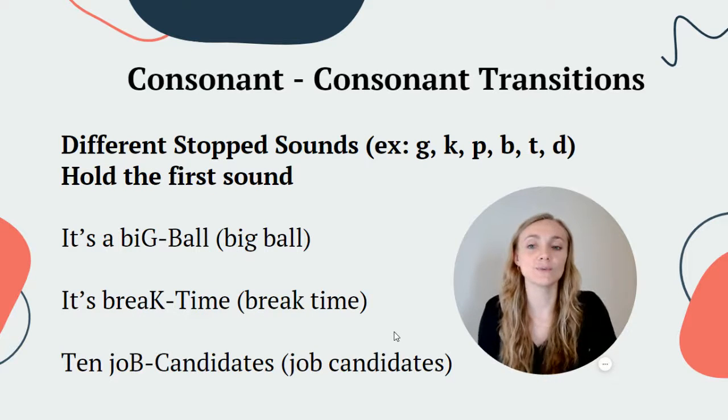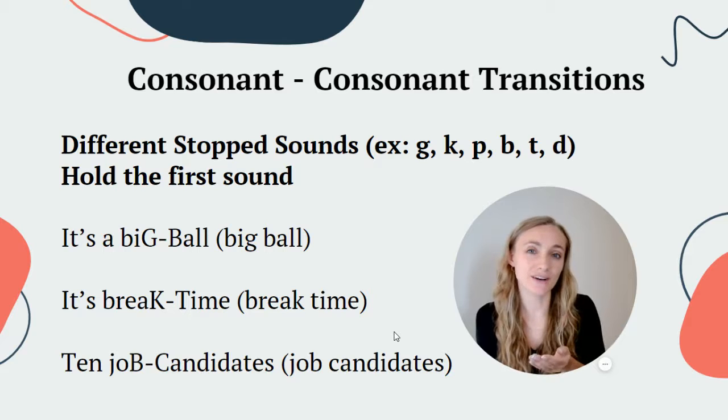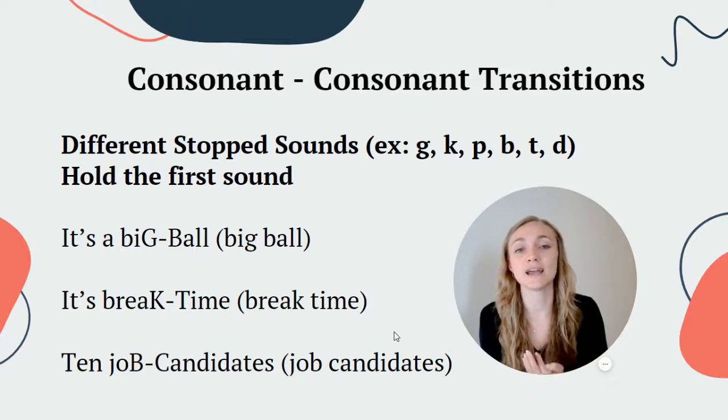Next, another rule that we have for different stopped sounds. So the stopped sounds are ones where we have to push out air to make the sound, and you'll feel like a puff of air come out of your mouth when you make these sounds.